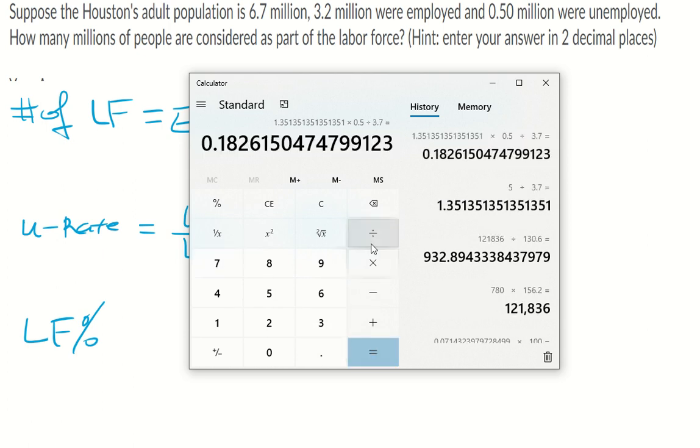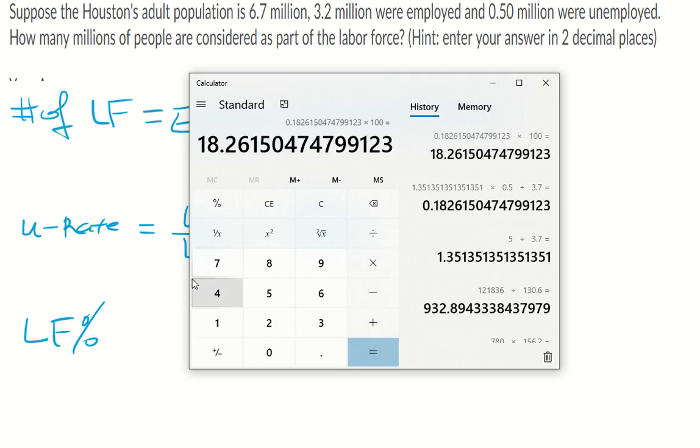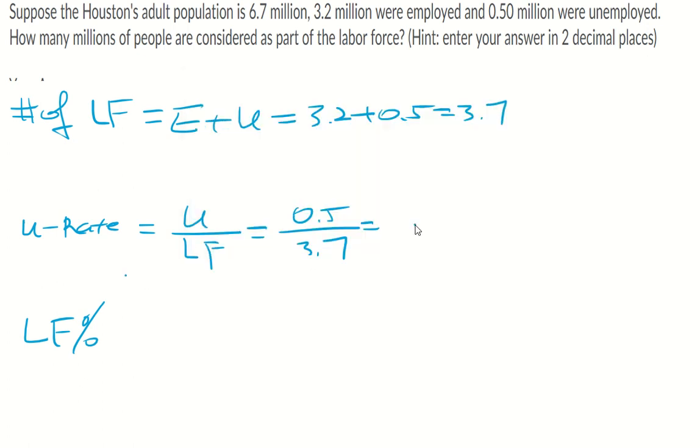Okay, so it's 0.135, but it's a decimal. We're going to change it to a percentage, so times 100%. That's 13.51%. So 13.51% is our unemployment rate. And then for the labor force participation rate, we're going to use our labor force divided by the population.